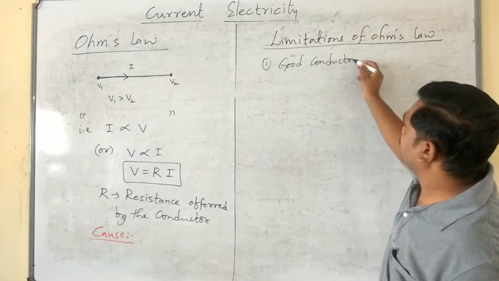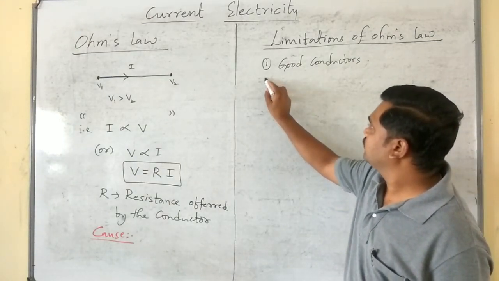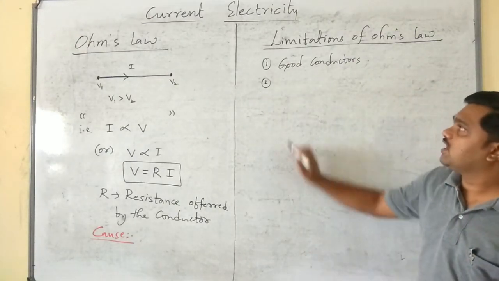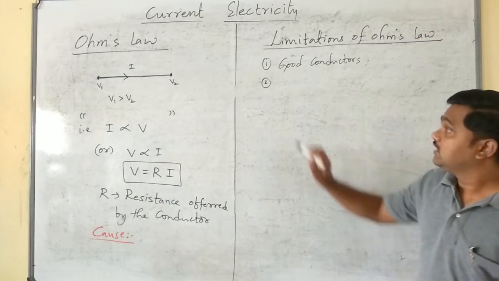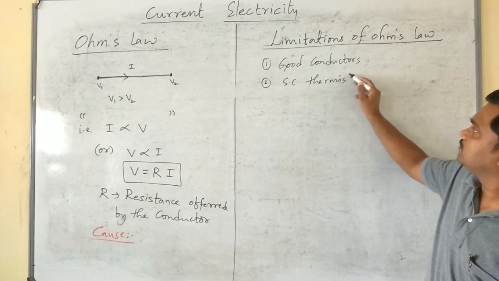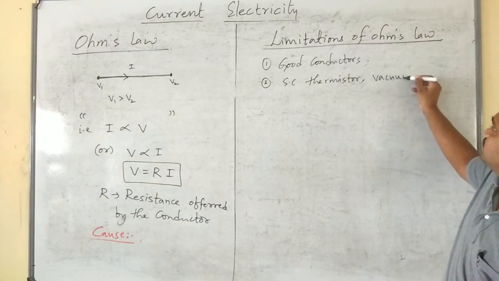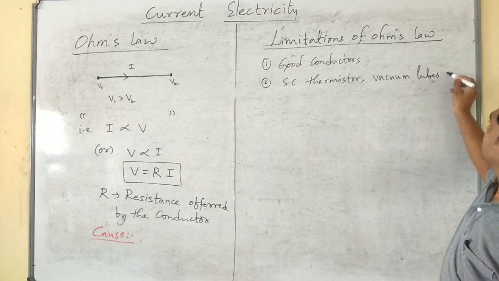Second one, Ohm's law is not applicable for semiconductor devices like thermistor, vacuum tubes, etc.